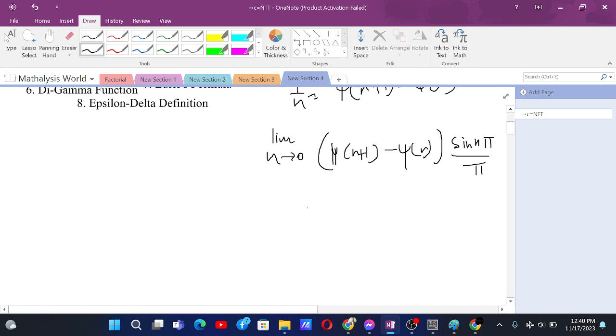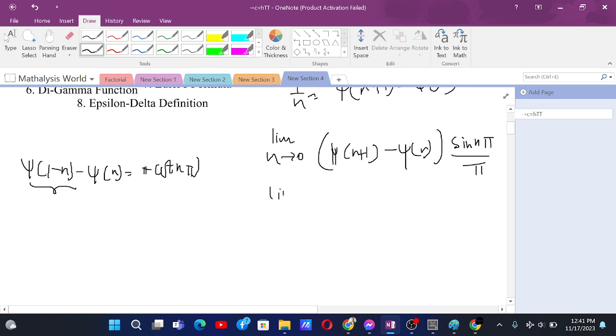Now after this, we cannot really substitute 0 over here since we don't know the value. So we can try to make this into something where the value is known. We have a relation that digamma of 1 minus n minus digamma of n equals pi times cot n pi. So you can use this to introduce this term.